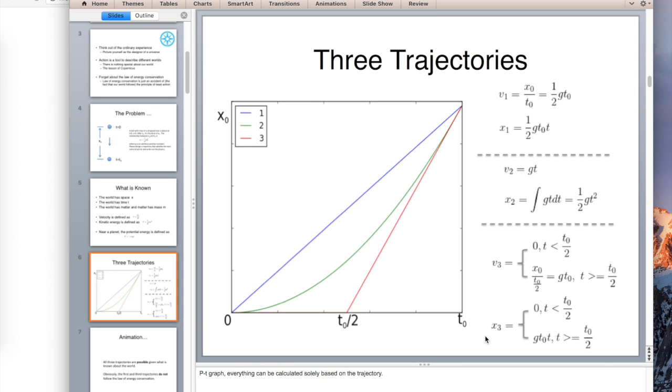So before half t0, its position is 0, and after half t0, its position is g t0 t. So these are the physical formulas for the 3 trajectories. Both the velocity function and the position function are given.